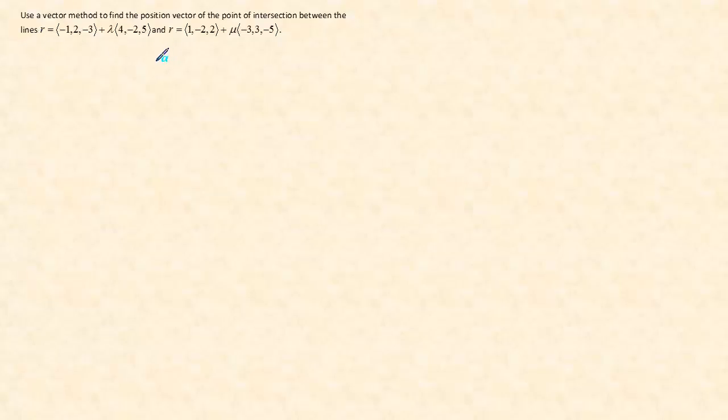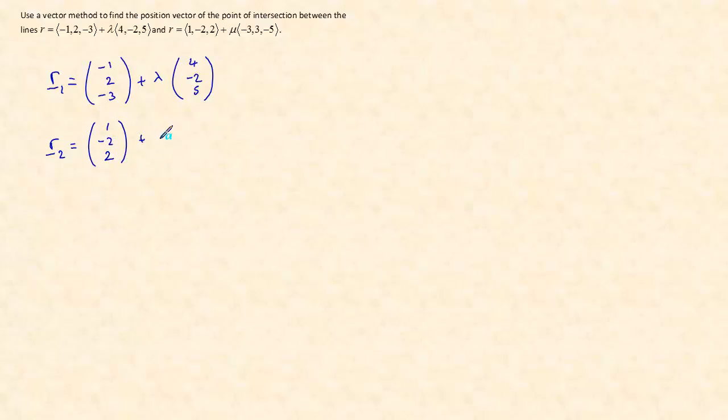We want to use a vector method to find the position vector of the point of intersection between these lines. So r1 is (-1, 2, -3) plus lambda (4, -2, 5), and r2 is (1, -2, 2) plus mu (-3, 3, -5).